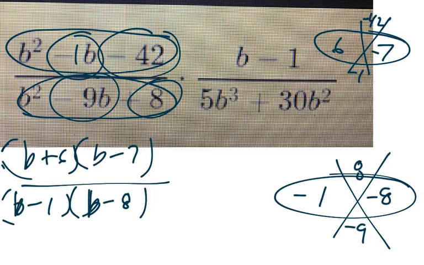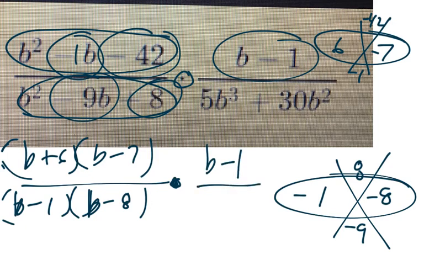All right. We have a times. That's cool. So we don't have to do the reciprocal. B minus 1 can't be factored. It stays in the same spot. Now that right there, guys, hopefully you recognize as a GCF. I'm going to factor out a 5b squared. Everyone agree I could divide by 5 and a b squared?